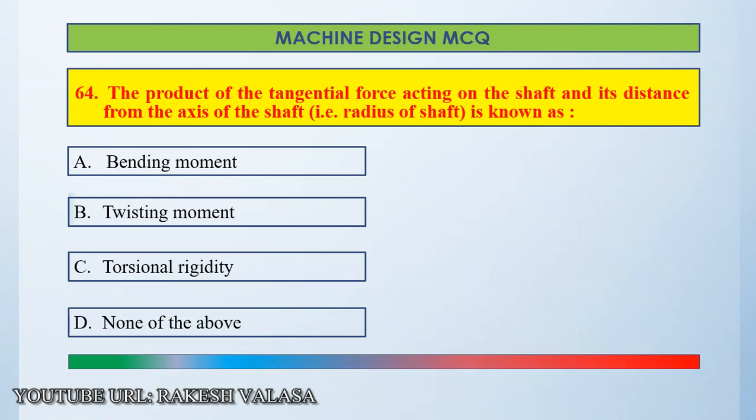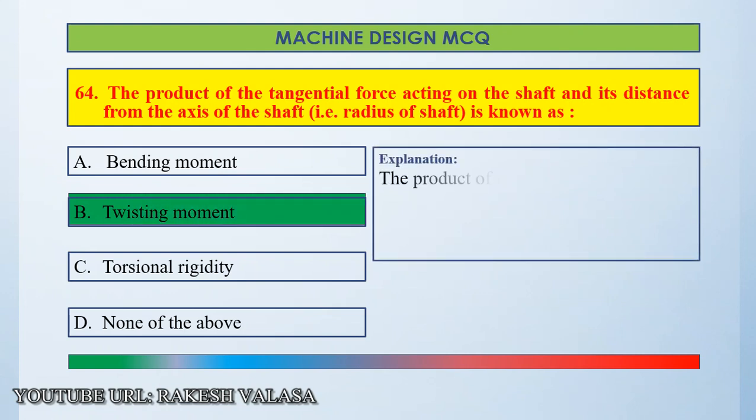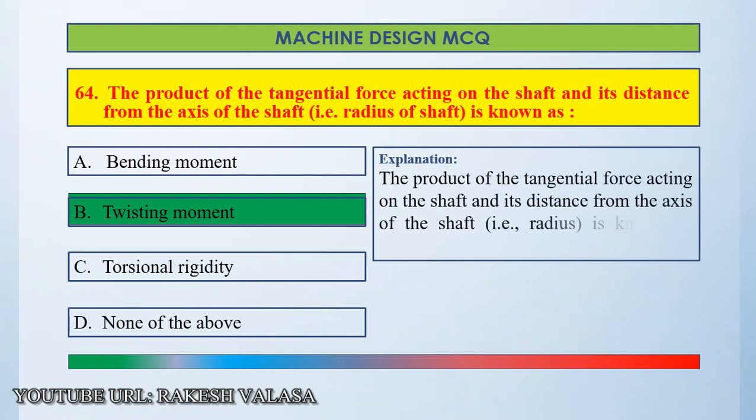The correct answer is option B twisting moment. Let us see the explanation. The product of the tangential force acting on the shaft and its distance from the axis of the shaft is known as twisting moment.